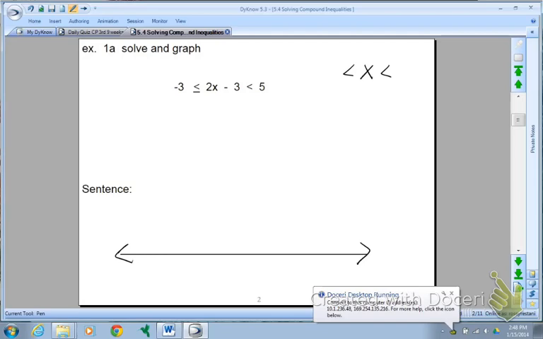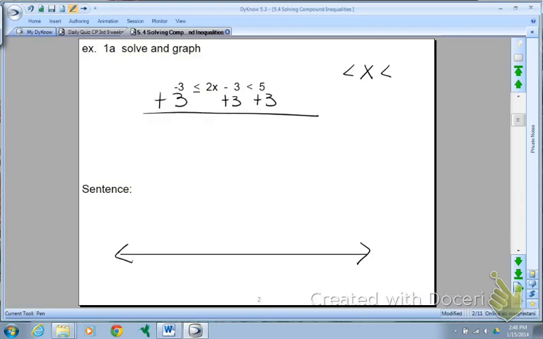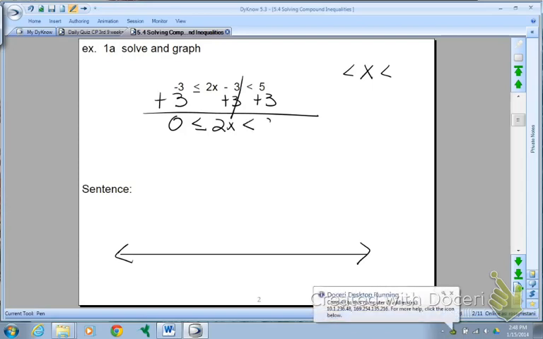Add 3. Well, we're going to do the same thing, but there are like two sides of the equal sign. We're going to add it on the right side, and we're going to add it on the left side. So we're combining, it's like two equations into one. What's negative 3 plus 3? 0 is less than or equal to 2x. So the 3's go away, is less than 8.